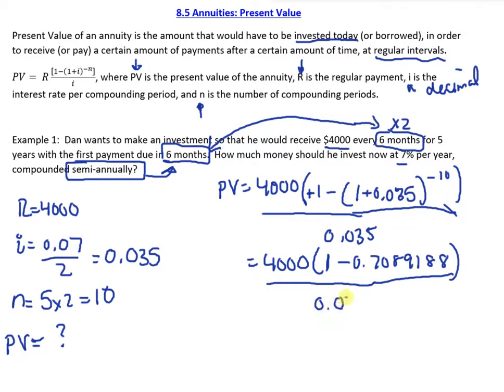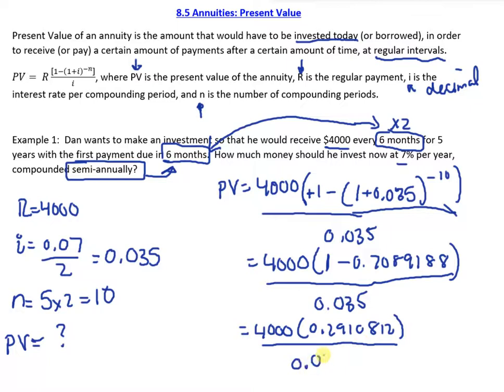We're going to do this in 2 steps. 1 minus 0.7089188, and I get 0.2910812. I'm going to multiply that by 4,000, and I get 1164.32 and change, and then I'm going to divide it by 0.035.